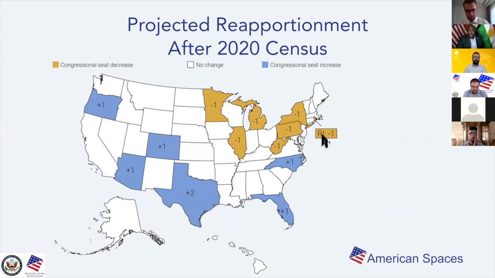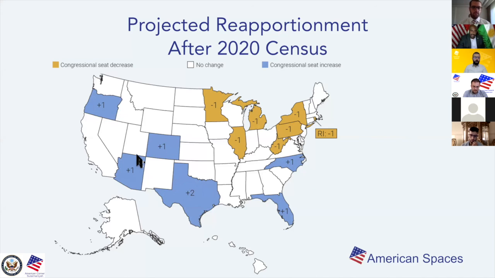So what we see here, these states that are in orange, Rhode Island, New York, Pennsylvania, West Virginia, Michigan, Illinois, Minnesota, are all expected to lose seats. And then we have North Carolina, Florida, Texas, Arizona, Colorado, Oregon that are all expected to gain seats. Texas is expected to gain the most with 2 seats.